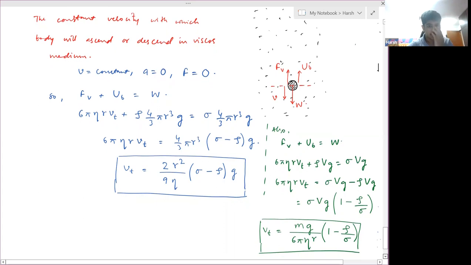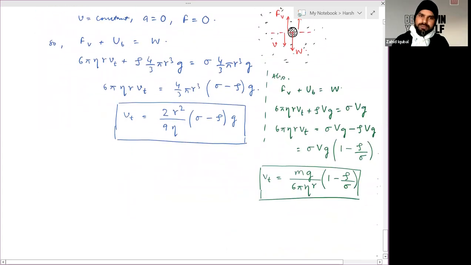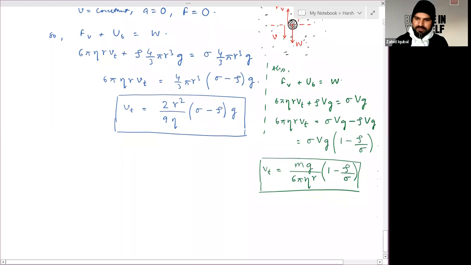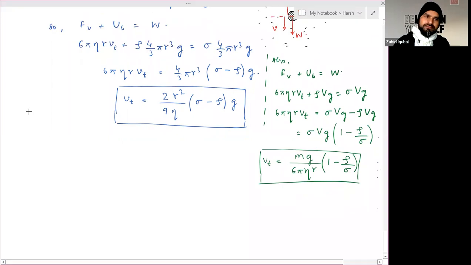Done, sir. Okay. Now, related to this expression, we may define some terms. First is the graph. Terminal velocity is a constant velocity, so it will be constant till this.